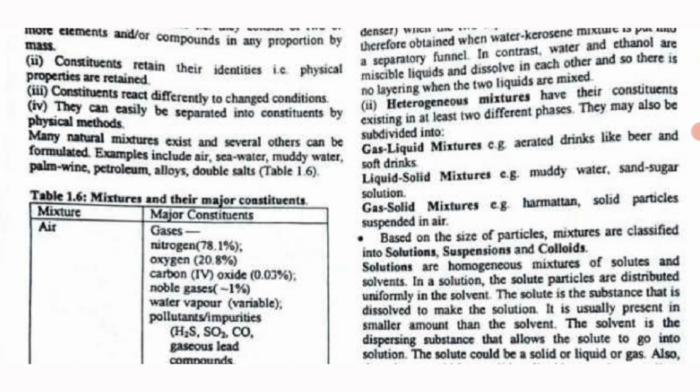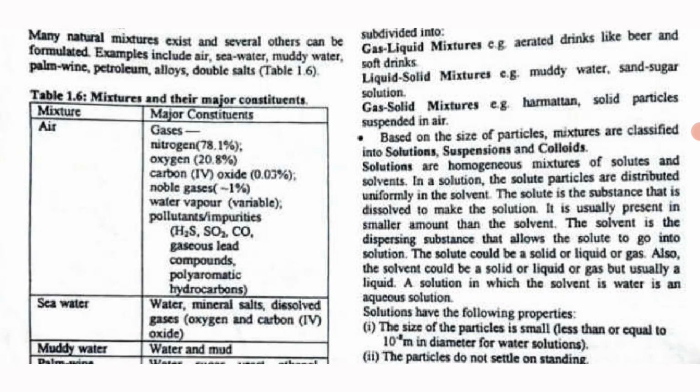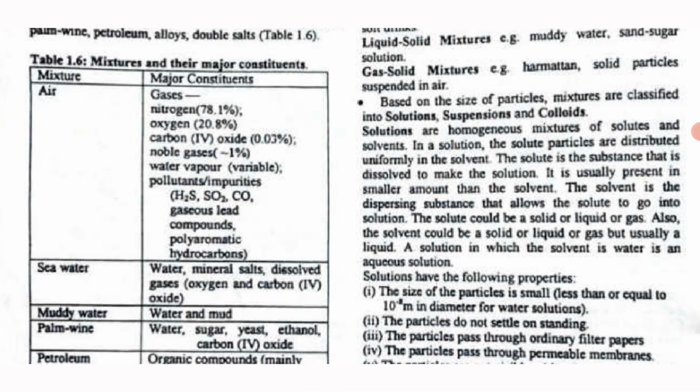Examples include air, the air we breathe, seawater, muddy water, palm wine, petroleum, alloys, and double salt. Okay, we have a table here showing mixtures and their major constituents. Of the air, we have gases to be nitrogen, oxygen, carbon dioxide, noble gases, water vapor. We also have pollutants or impurities, right? Hydrogen sulfide, carbon monoxide, sulfur oxide, gaseous lead compounds.